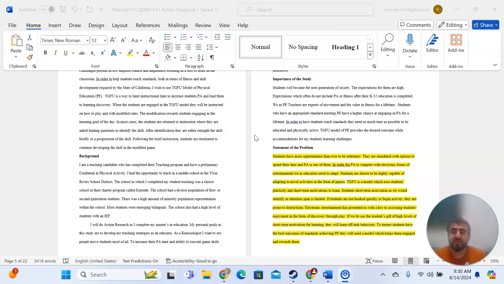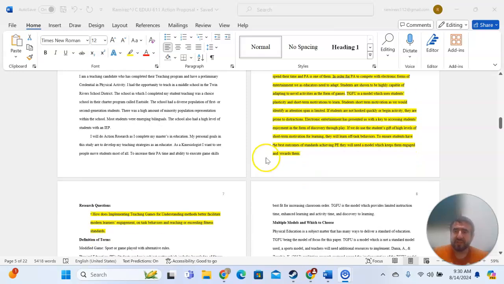Electronic devices give students achievements, some kind of value to what they've done quickly through social media, video games, and the like. This, however, doesn't have to be in opposition to PE or education. We can actually take the positive feedback loop that kids get from electronic devices and use it for education. And that's what I hope to show that TGFU provides.